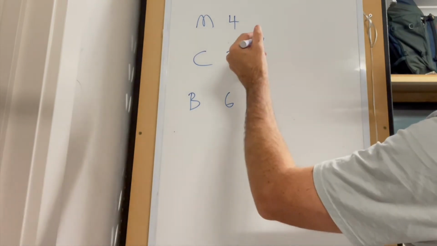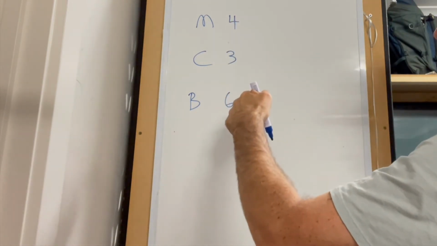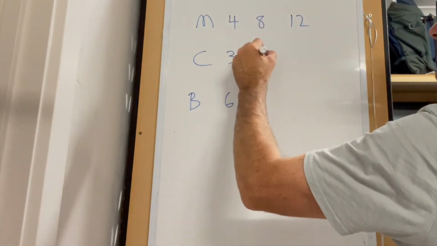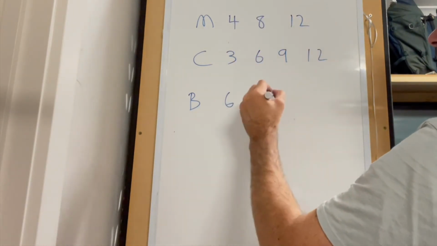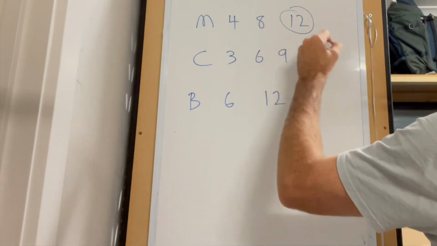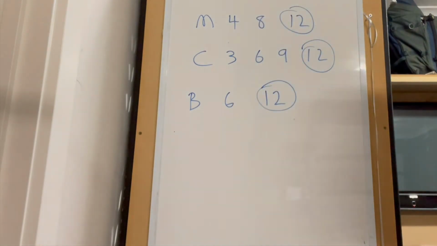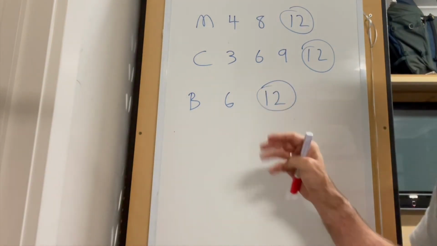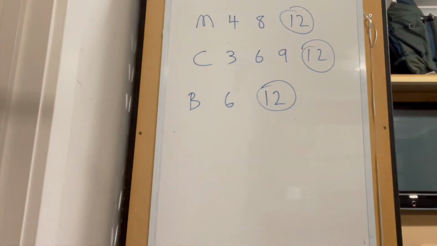So what we're looking for here is a number that all of them will go into, okay? So it's 4, 8, 12, 3, 6, 9, 12, 6 and 12. And so you can see that 12 is common to all three, and it's the lowest one that's common to all three. So it's at the 12-minute mark that they will cross the start line together again.